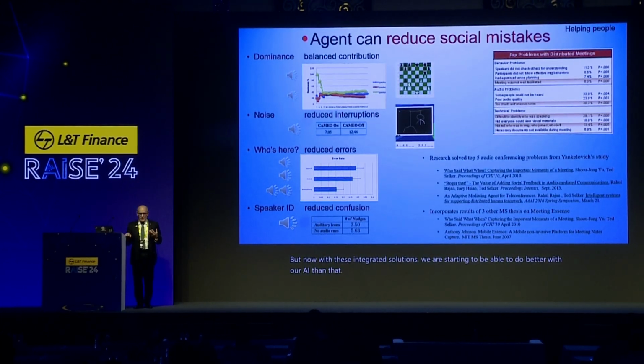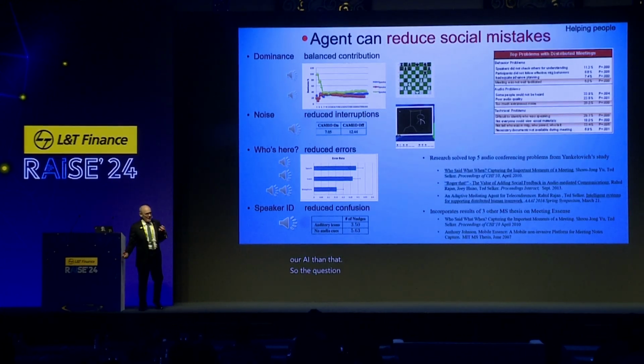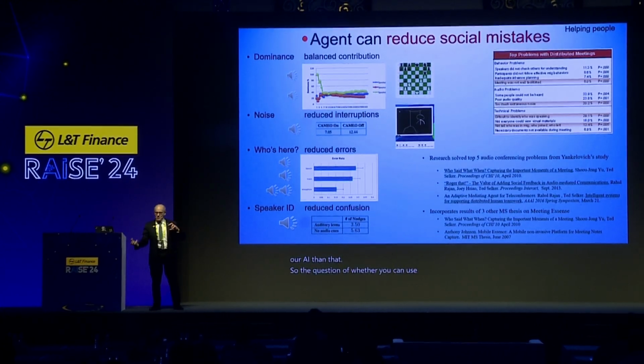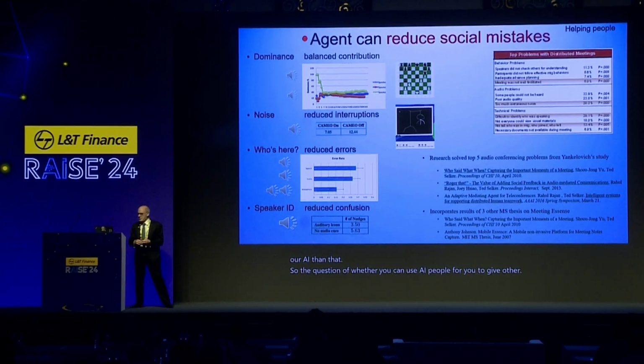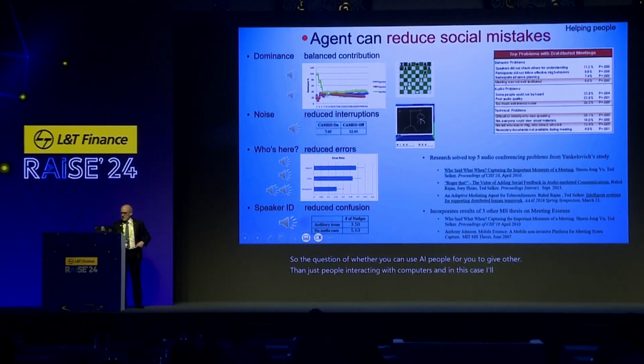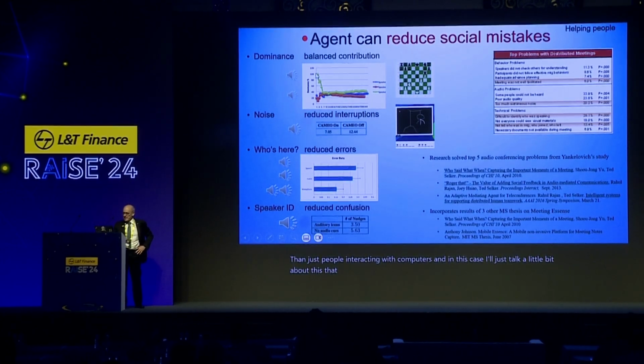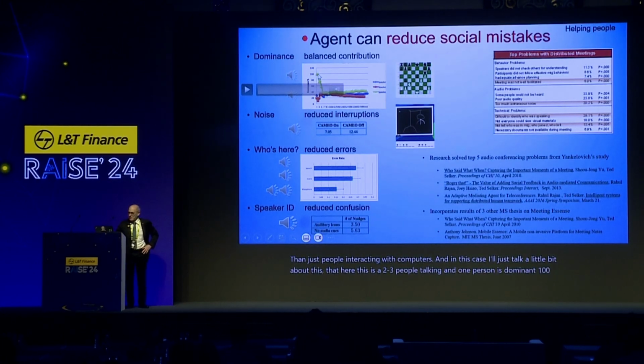So the question of whether we can use AI to help people communicate with other people, that becomes more exciting than just people interacting with computers. And in this case, I'll just talk a little bit about this. Here, this is three people talking, and one person is dominant. 100% of the talking is happening by this green person.